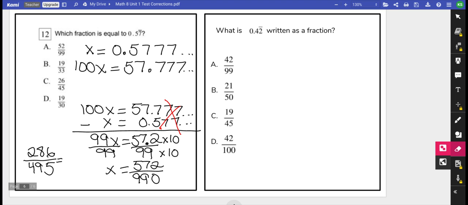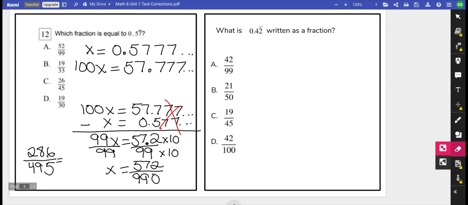286 divided by 4? Nope. 286 divided by 6? Nope. 286 divided by 7? Nope. 286 divided by 11.